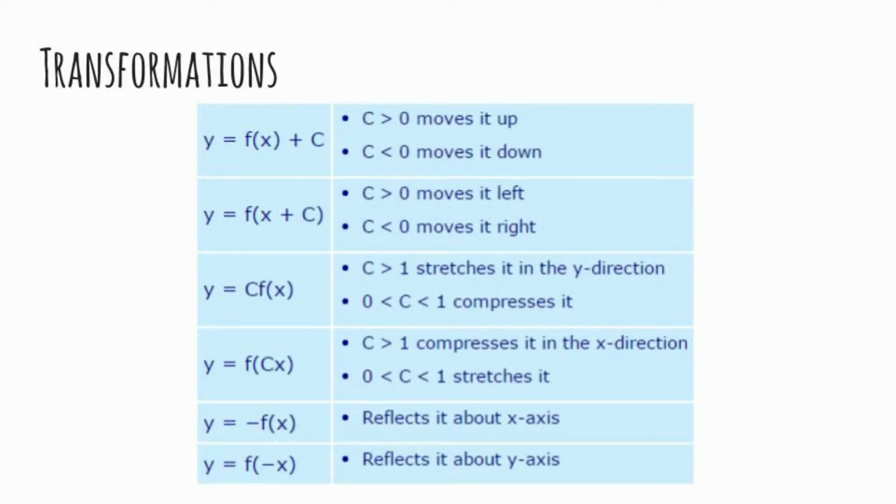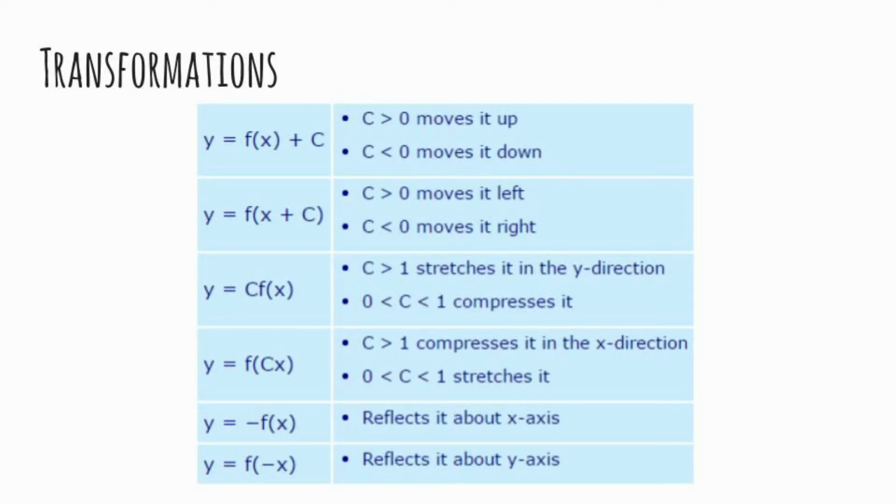For the first row, if you have your original function and then add k, you get a vertical translation up k units. If you do the same, but with a negative k, you have a vertical translation down k units.